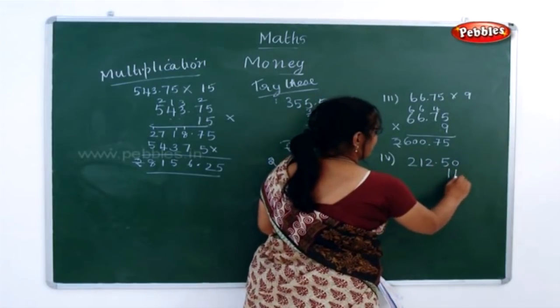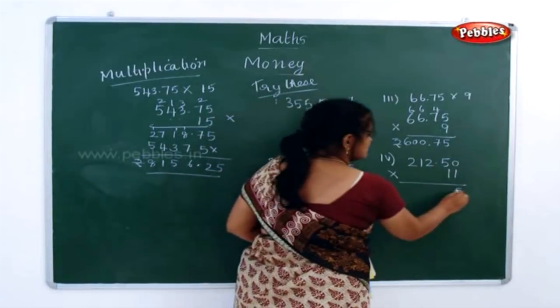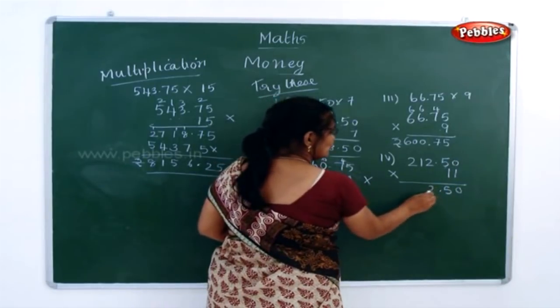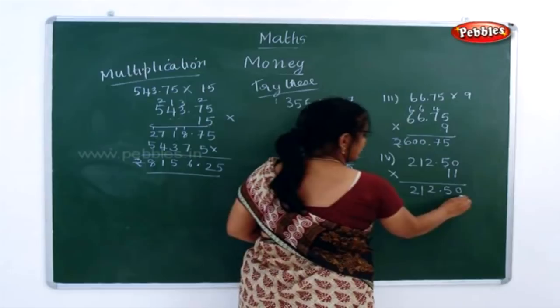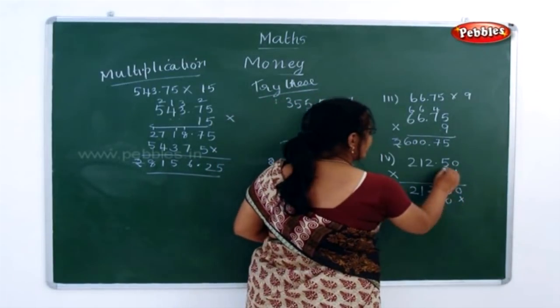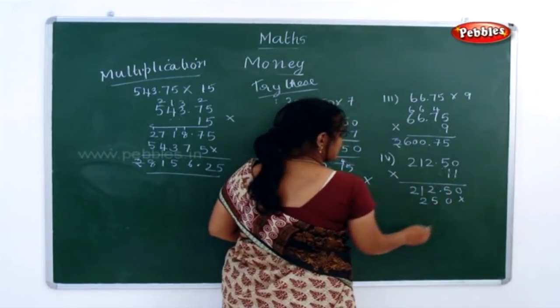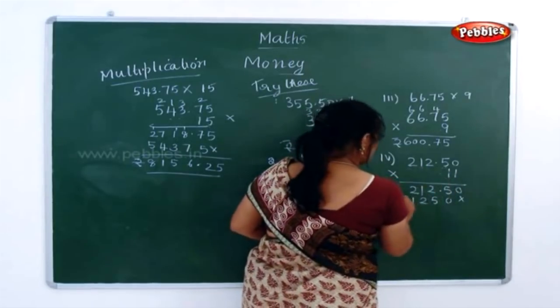Now next, fourth sum. 212.50 into 11. Same way you have to multiply. Now what is 0 ones are 0. Now 5 ones are 5. Now what is 2 ones are 2. 1 ones are 1. 2 ones are 2. Again here I am putting a zero because nothing you can do. 0 ones are 0. 5 ones are 5. 2 ones are 2. 1 ones are 1. 2 ones are 2.